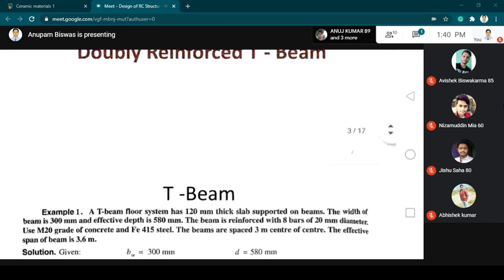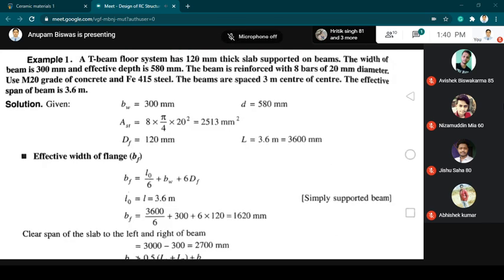The depth of slab is 120 mm, BW is given as 300 mm, and the effective depth, small d, is given as 580 mm. The beam has reinforcement of 8 bars of 20 mm dia, M20 grade concrete and Fe415 steel is used. The beams are spaced 3 m.